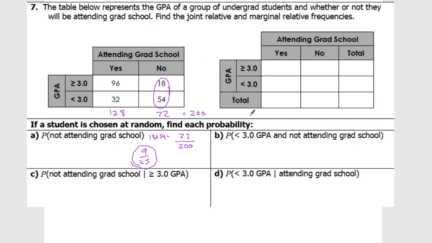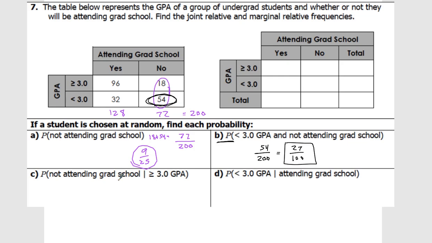For this one, we're only looking at where they have less than a 3.0 GPA and they're not attending grad school. That's just this 54. And since there's no condition, it's out of the total. It's 54 out of 200. So it'd be 27 out of 100. Hope that simplifies too. Okay.